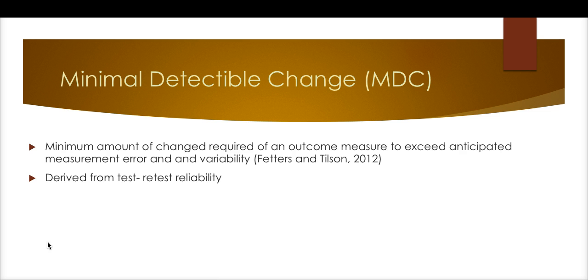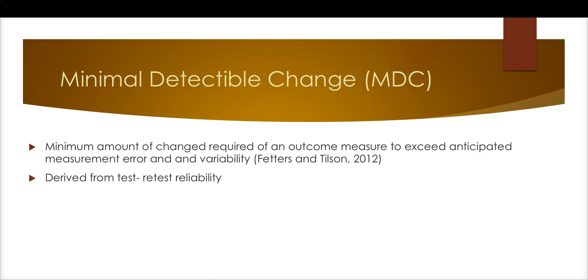The next one that we are going to look at is minimal detectable change, which is MDC. And I should add that MDD, MDC, and another one that we're going to look at, which is responsiveness, and minimal clinically important difference, are all looking at studies that assess outcome measures' clinical meaningfulness.